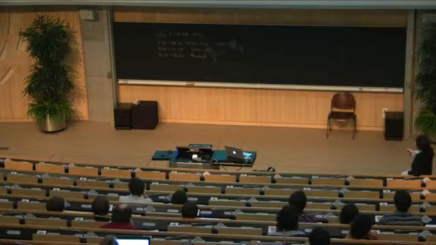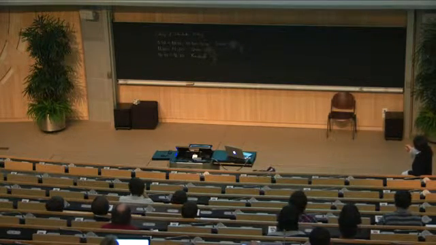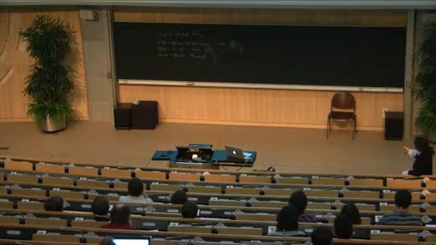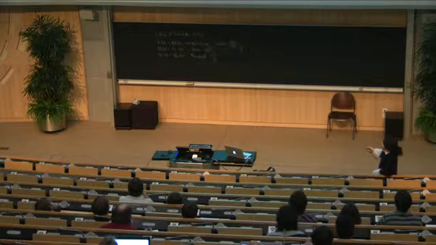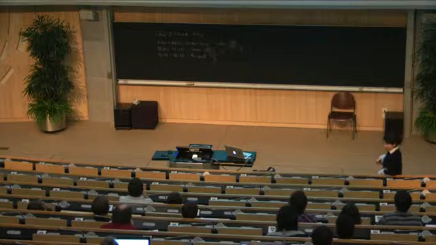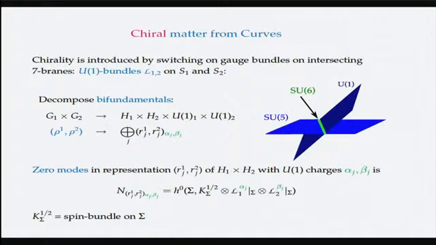Using Serre duality, this H0 of P1 of O of minus 2 minus n is really H1 of P1 of O of n, which is minus n minus 1. That's a little fact. All we need really is that K of P1 here is O of minus 2, which will enter into the chirality formula in this way. So K sigma to the half in this case would just be O of minus 1.